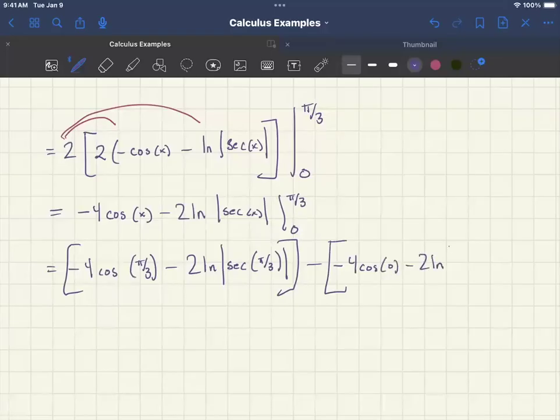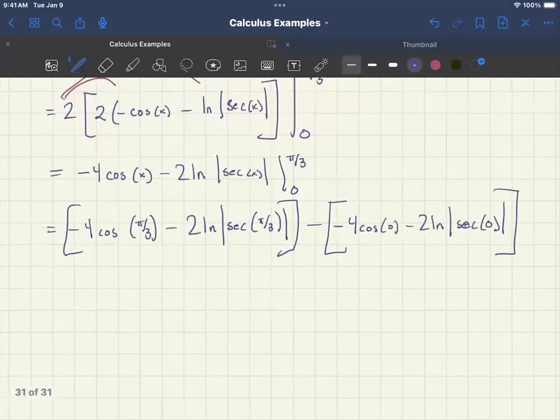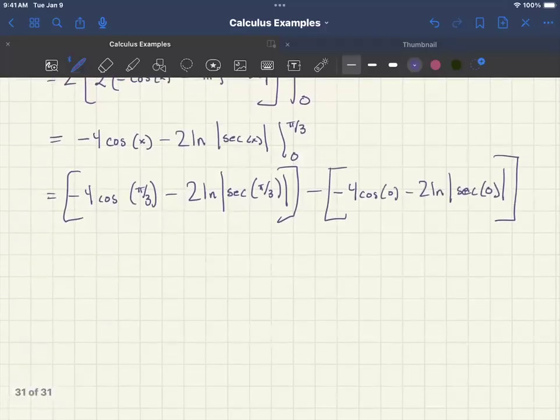I don't know about you, but I don't like memorizing trig things very much. The good thing is when you're in calculus, you can usually get away with knowing very little trig. There's a few things that you should know, and this is sort of on the outer edge, is knowing cosine of pi over 3 is 1/2.